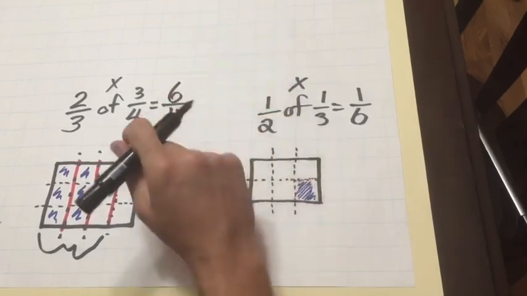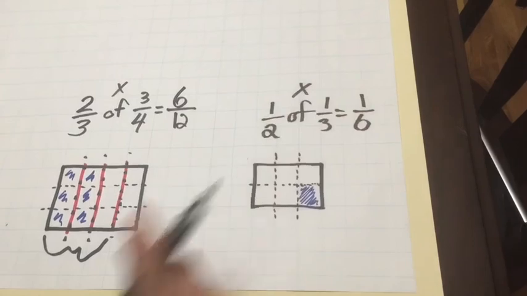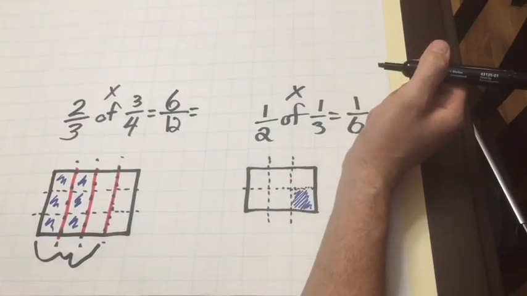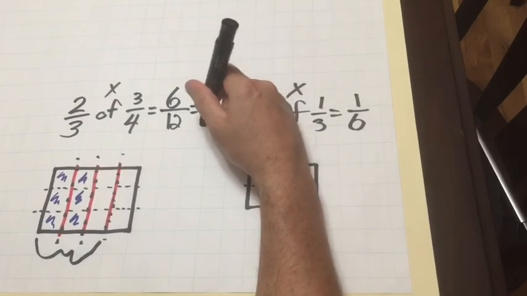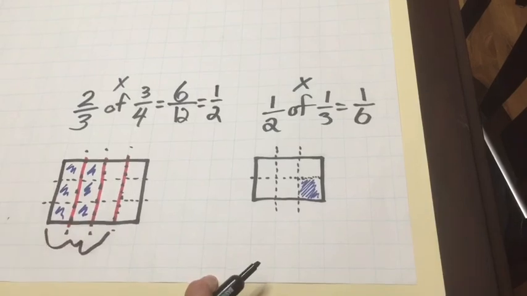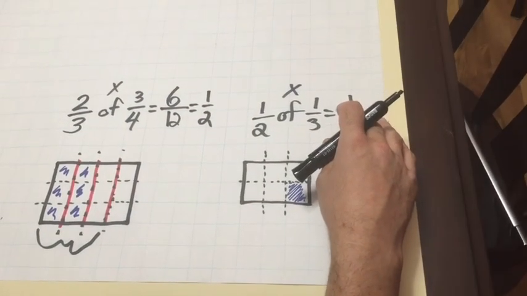So I have 6/12 as my answer. Or if you look at it, we know equivalent fractions. 6/12 is actually equal to 1/2. And look, is that exactly half of that? It is. So there is how you would figure out 2/3 of 3/4.